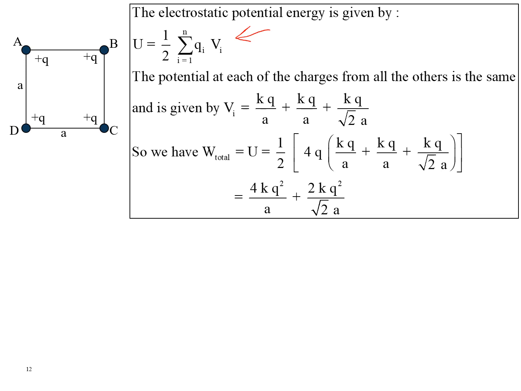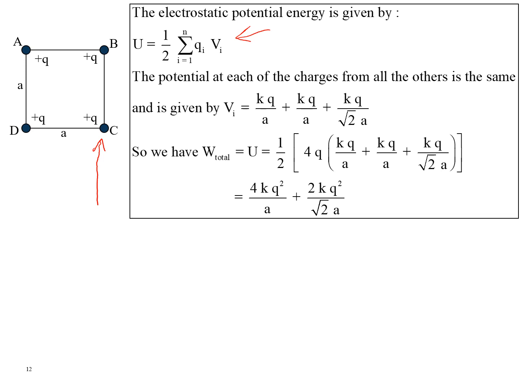So with that in mind, let's just realize that from the symmetry of the situation, the potential at any one point due to the other charges that make up this configuration of charges is easy to evaluate.